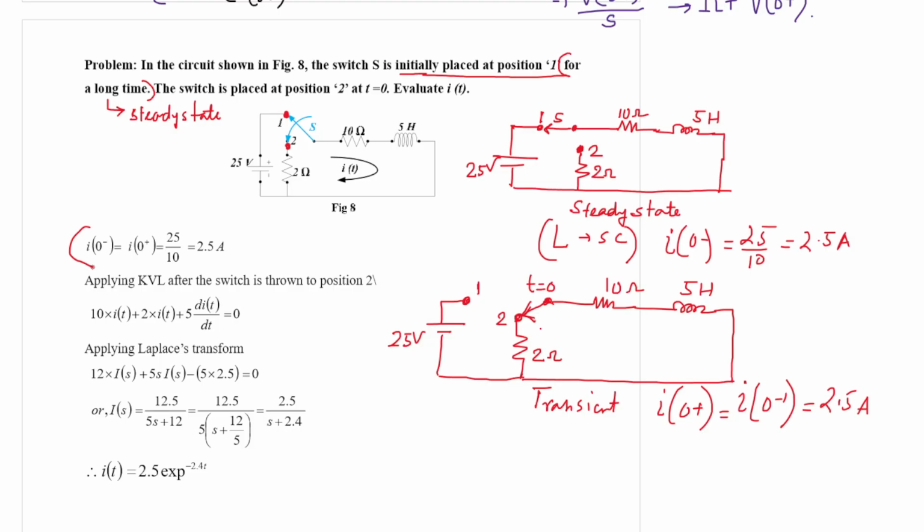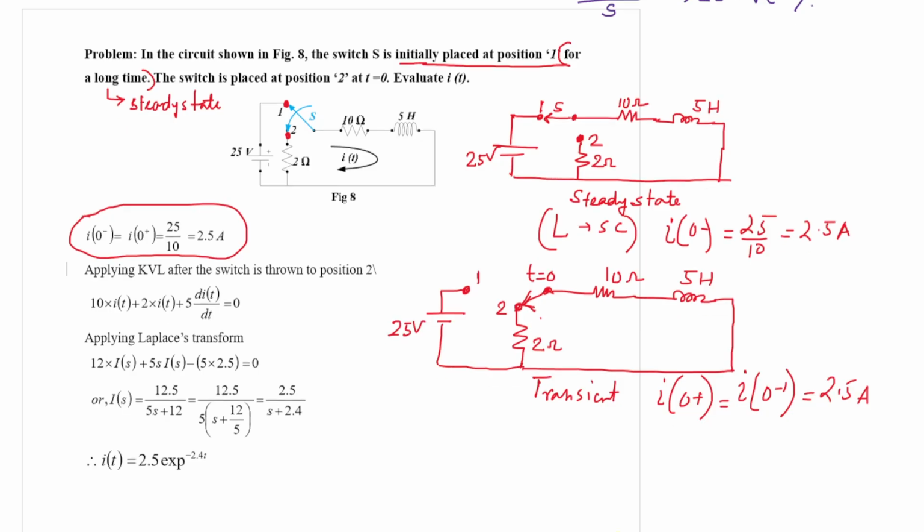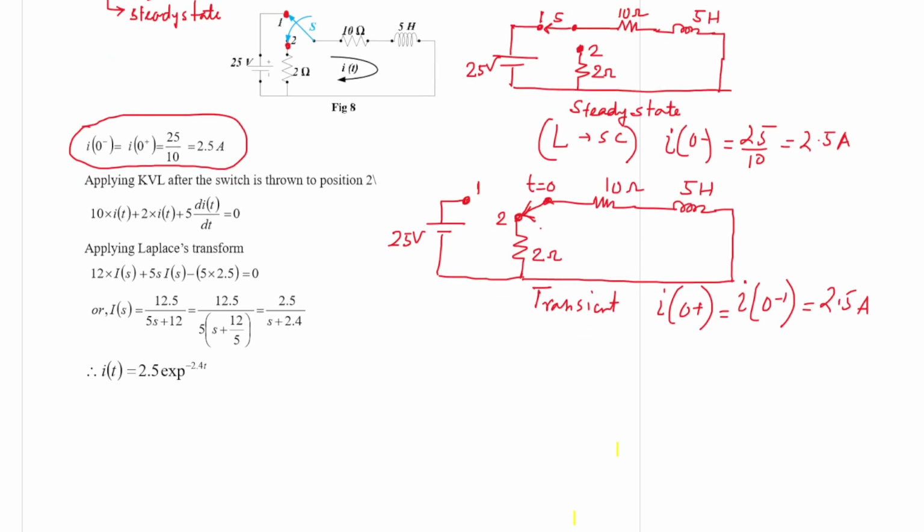That is our initial condition. Next, for this position we assume a current direction i(t) and write the equation. The first part is 10 i(t), the voltage drop across the 10 ohm resistor.